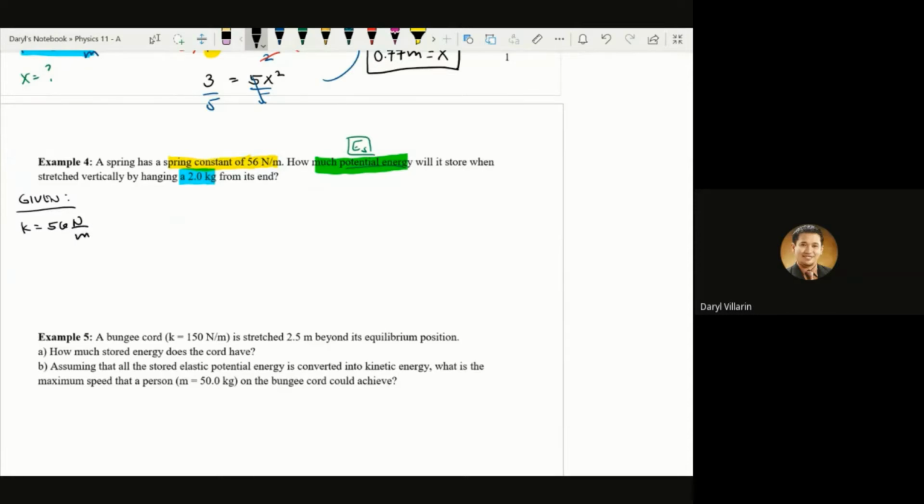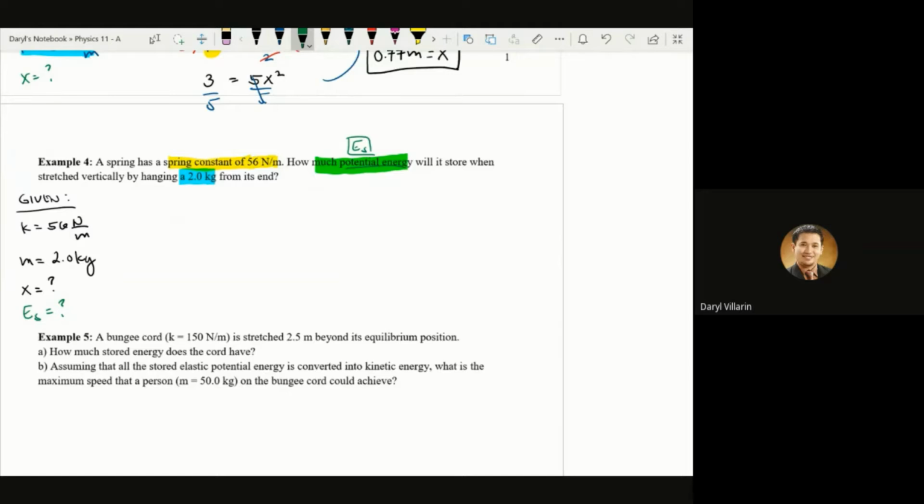And then we're just given the mass. Okay, the mass is 2.0 kilograms. And then, well, we actually don't know x. And the main question is your E sub S, the energy stored in your spring.